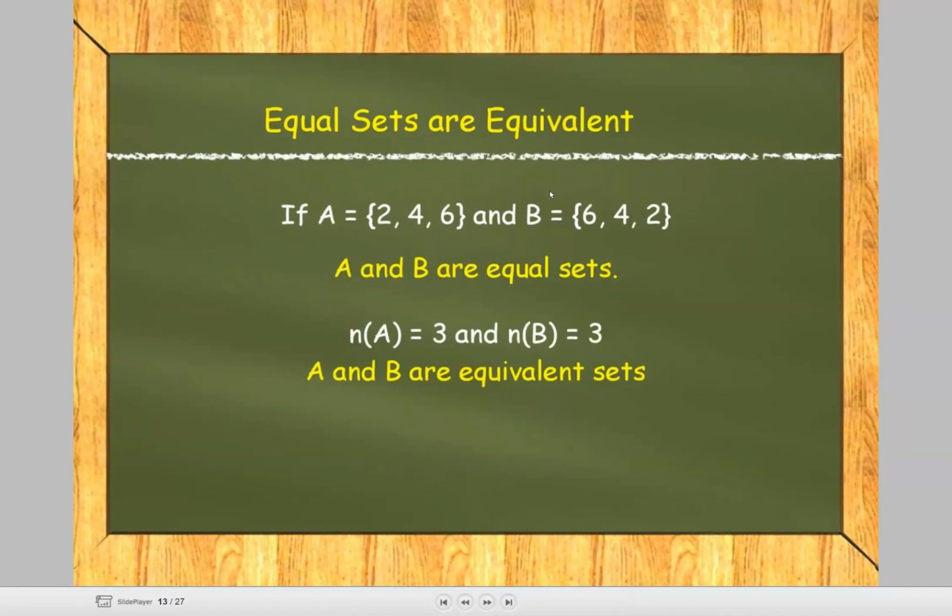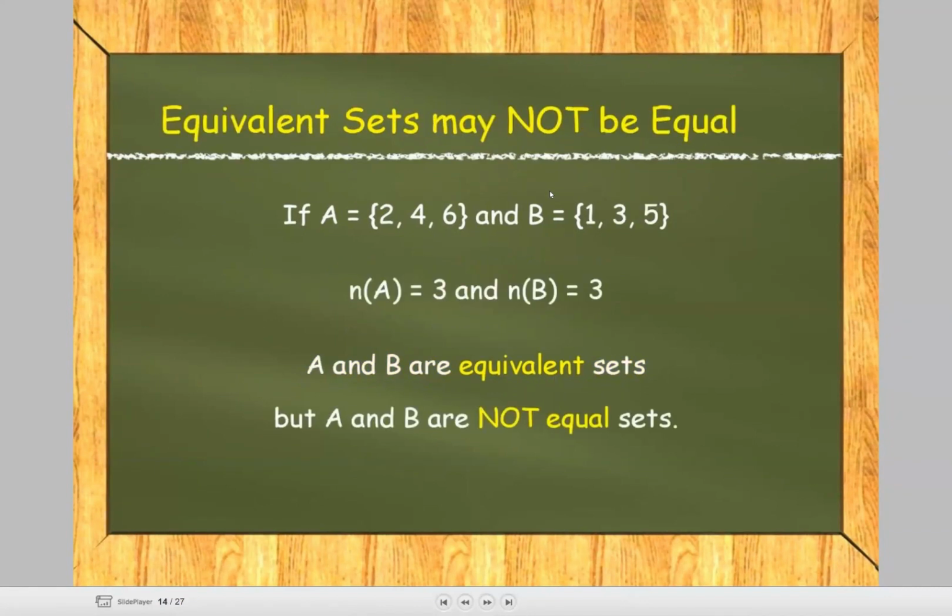Yes, sir. All right. Now, here is the flip side. Equivalent sets may not be equal. If A is equal to 2, 4, 6 and B is equal to 1, 3, 5, the cardinality of set A and the cardinality of set B are both 3.